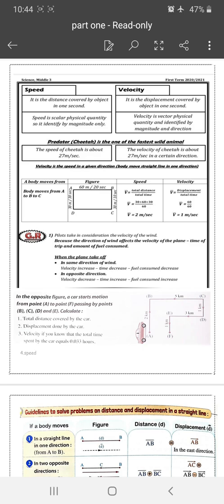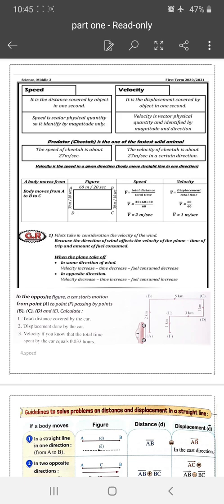For example, if we drive a car from Alex to Cairo and the speed is 120 meters per second. But if we say that the speed is 120 meters per second in the east direction, or the Alex to Cairo direction, now we describe it by direction, so it will be velocity, not speed.